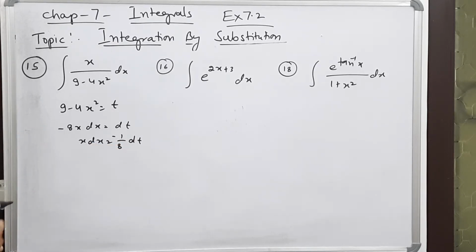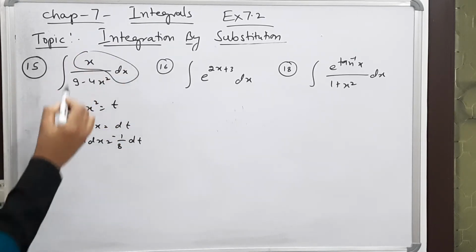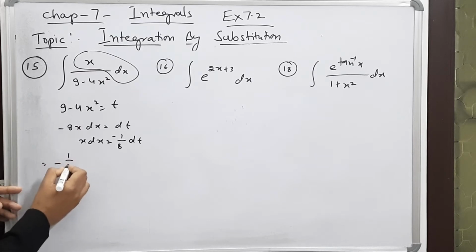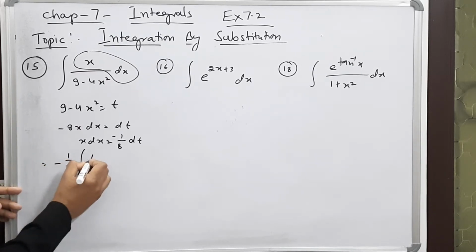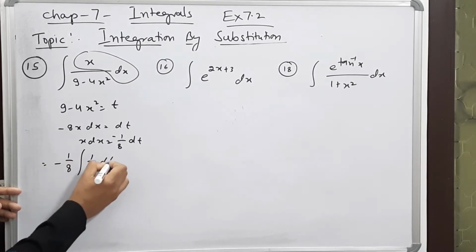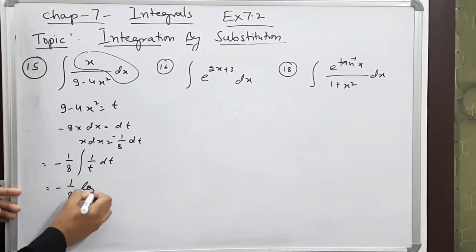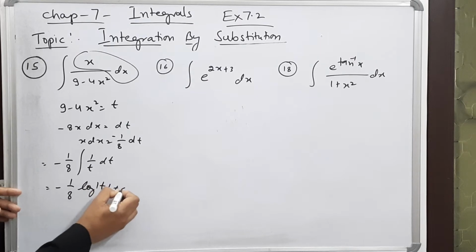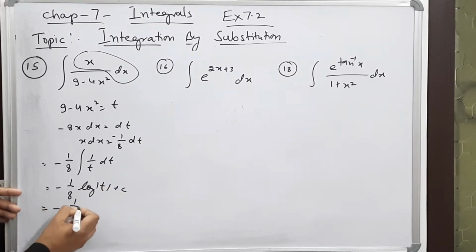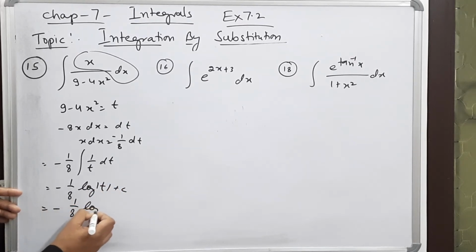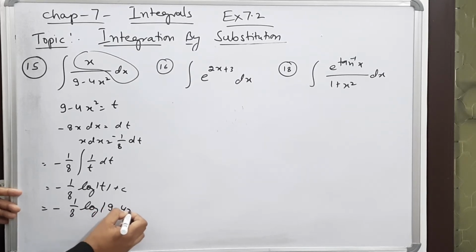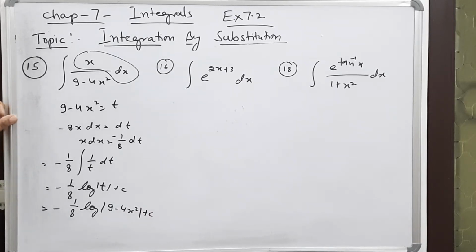So in this, instead of this part, we can write minus 1 upon 8 and it is 1 upon t dt. So the answer is 1 upon 8 log t plus c. So it is 1 upon 8 log, we will put the value of t again. So this is the final answer for this one.